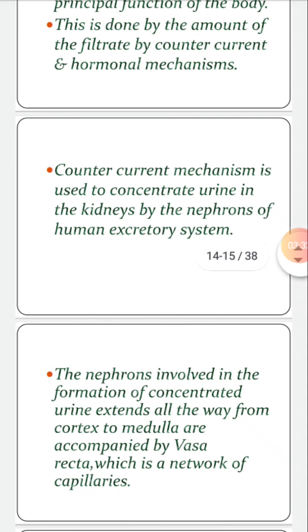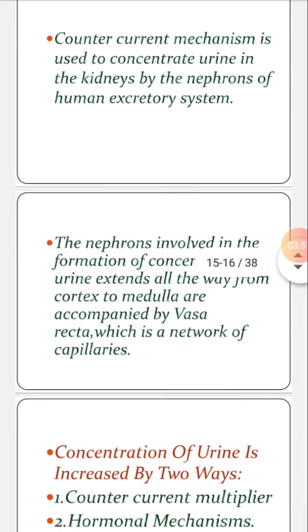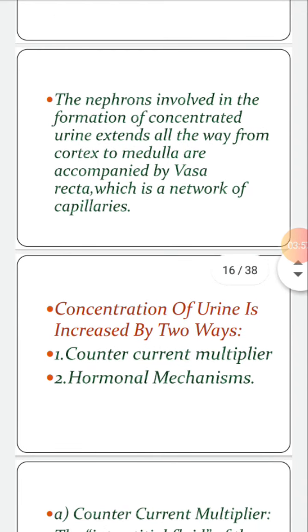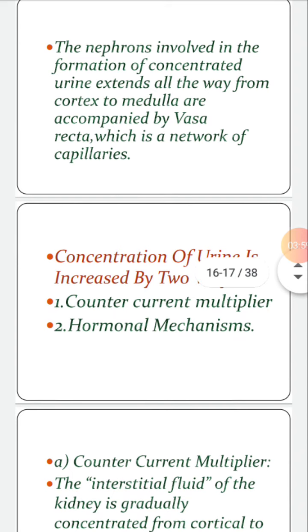The nephrons involved in the formation of concentrated urine extend all the way from the outer part, cortex, to the inner part, medulla, and this is accompanied by a series of vessels, vasa recta, which is a network of blood capillaries. Concentration of urine is increased by two ways: counter current multiplier and hormonal mechanisms.